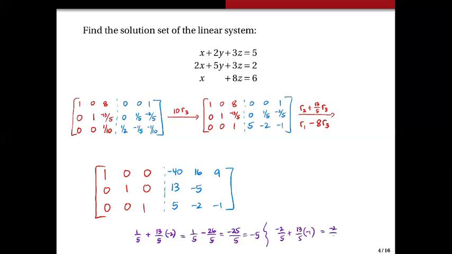So negative 2 over 5 minus 13 over 5, this is negative 15 over 5. And that's equal to negative 3. Okay, dokie? So although we did some fractions in here at the end, we are very lucky. We got integer entries in here.